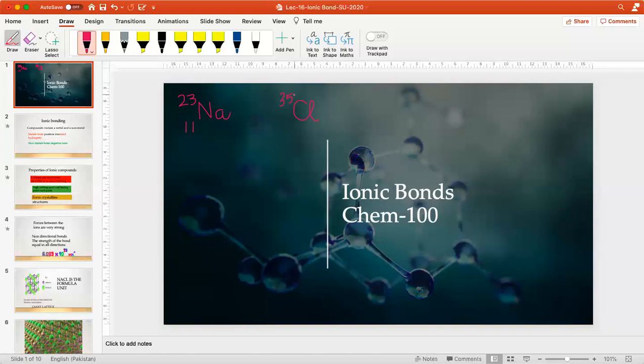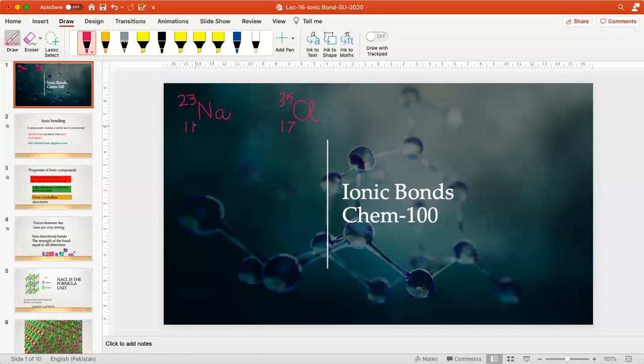Let's take the round figure, and 17. Okay. Now let's distribute how the electrons are distributed in this chlorine and sodium. I will explain in the upcoming slides, but right now you need to understand what is meant by the electrostatic attraction between the two oppositely charged ions.